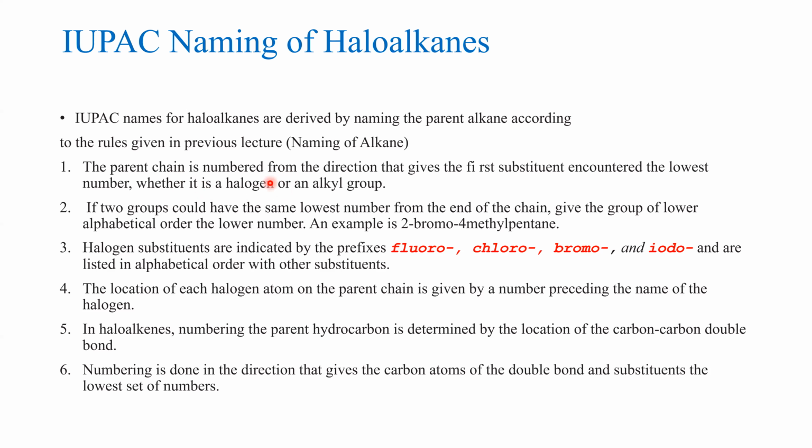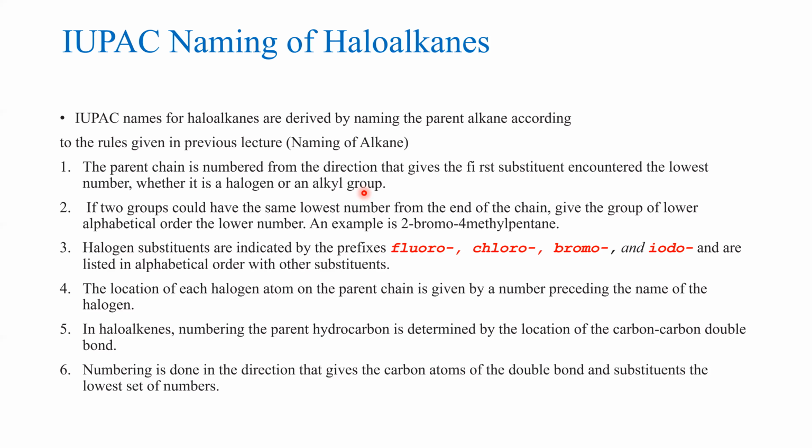The parent chain is numbered from the direction that gives the first substituent encountered the lowest number, whether it is a halogen or an alkyl group, right? We will practice this in the next slide. I will show you some examples so that it will be more clear.